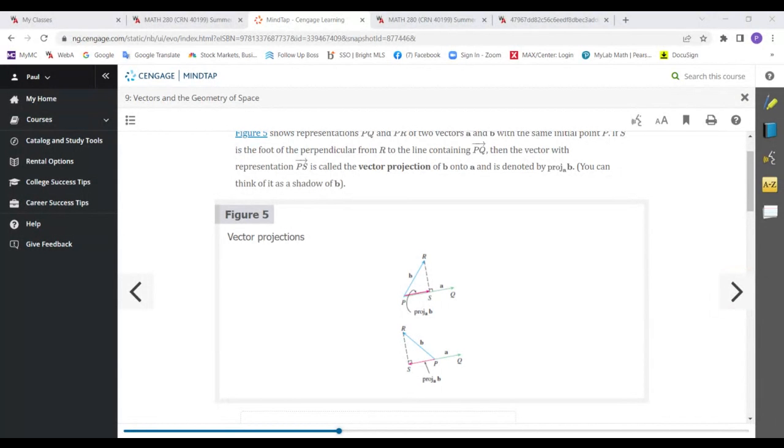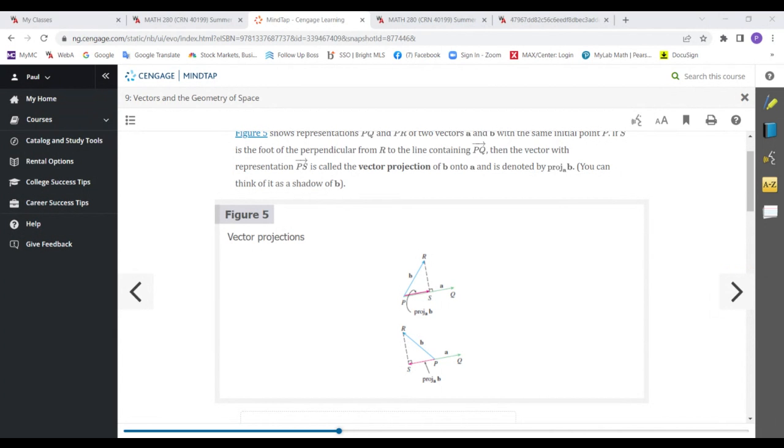So the first picture is the projection of the vector B onto the vector A. If you consider the line passing through points P and Q, and you take the vector B and project that down onto it.